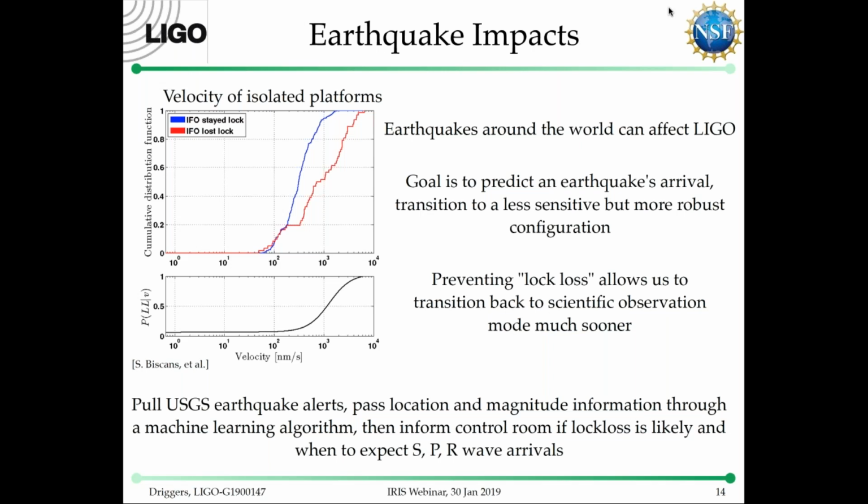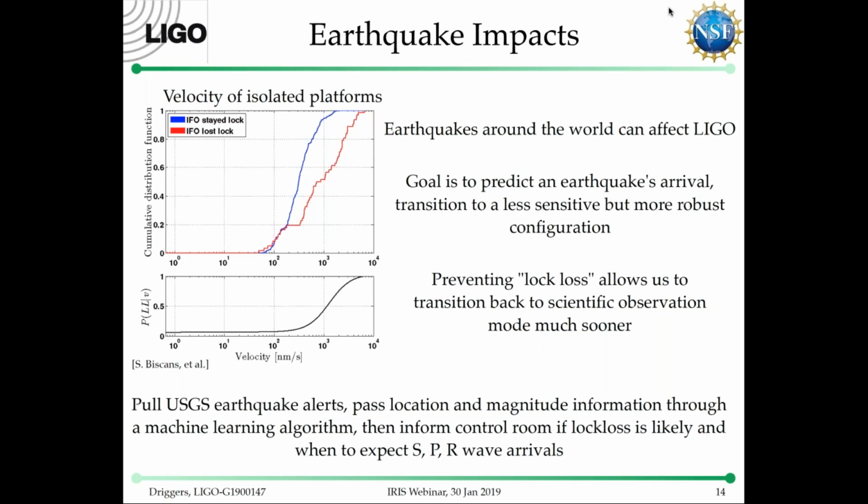So if we can transition out of scientific observation mode to a still controlled but just less sensitive mode, then we would be able to, once the earthquake had passed, immediately transition back to our scientific observation mode in a matter of 1 or 2 minutes, rather than tens of minutes.